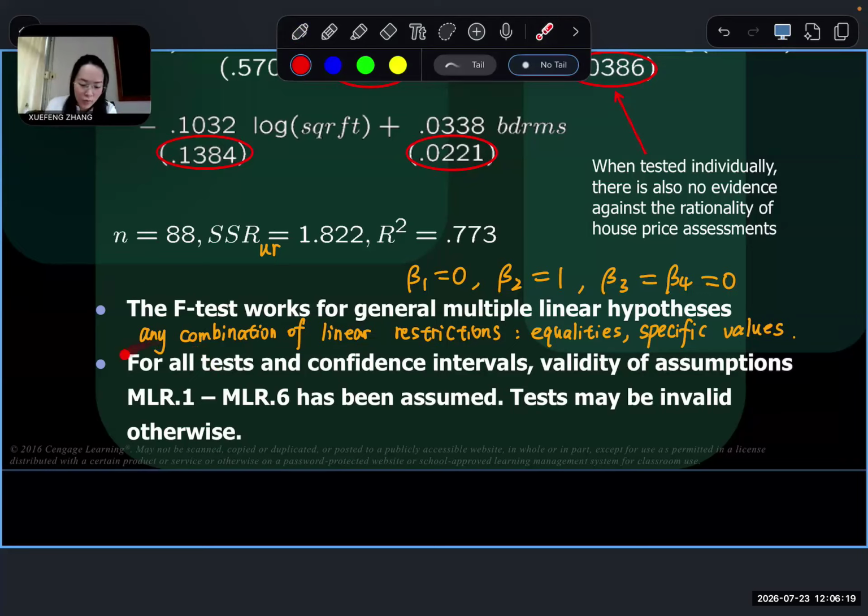Now, last one, okay, second point, and very important. This is a warning. Every test and confidence interval we built in this whole chapter relies on multiple linear regression assumptions 1 through 6. They must be assumed true. Okay, we must have those assumptions.